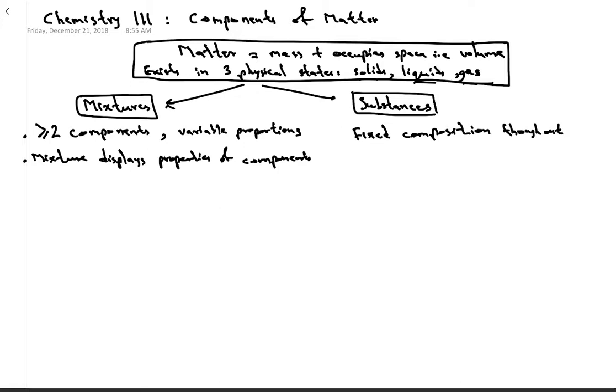In cases of mixture, we further divide them into either heterogeneous mixtures or homogeneous mixtures. Now, homogeneous mixtures are also called solutions. Of course, the difference between the two is in a homogeneous mixture, you are not able to see the individual components.